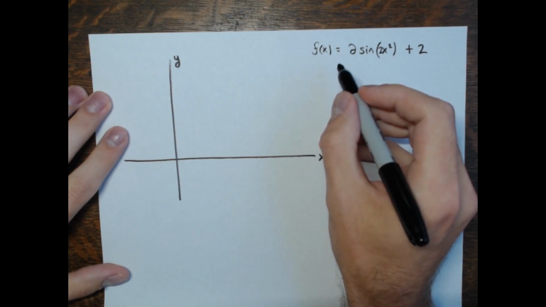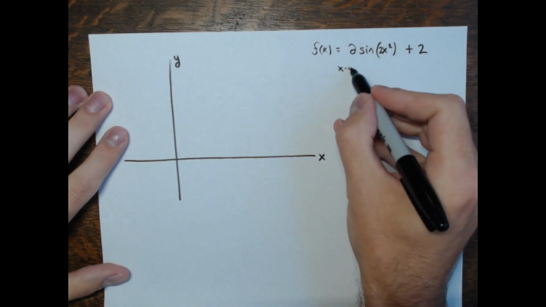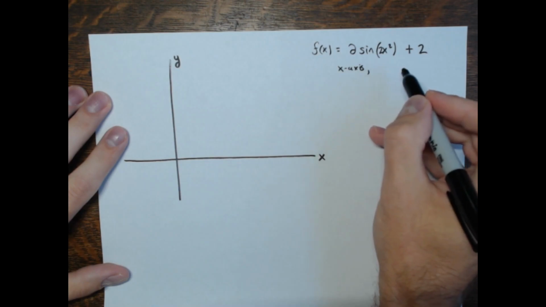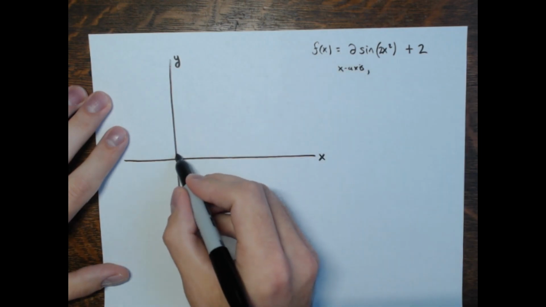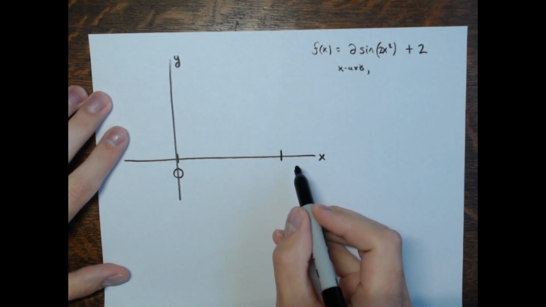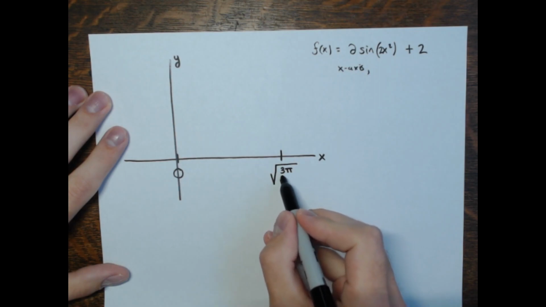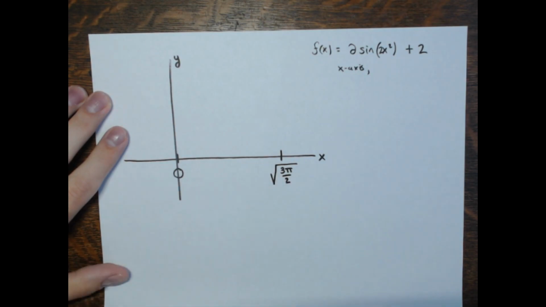So it's bounded, this is the curve on top, and bounded below by the x-axis, and over the interval from x equals 0 to x equals the square root of 3 pi over 2.